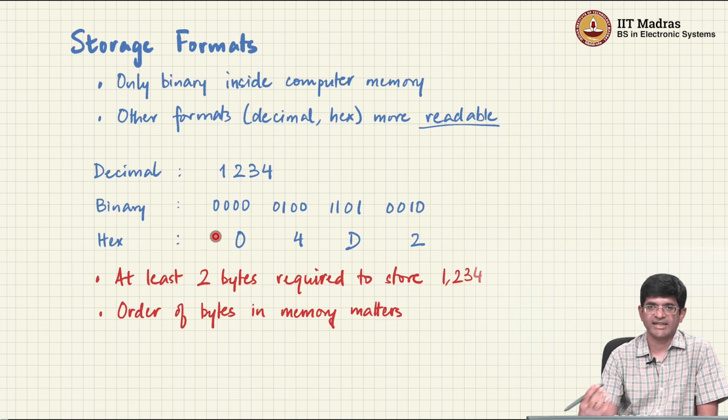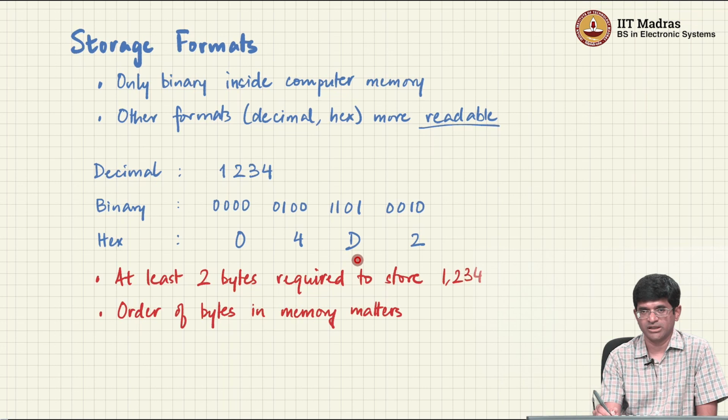Because there are 16 different hex digits from 0 up to f, which take all the possible 4-bit values from 0000 up to 1111, and it is literally a 1-to-1 mapping. 4 zeros corresponds to the hex digit 0, 0100 corresponds to the hex digit 4, 1101 corresponds to D, it is actually the number 13, which 1101 is 13, D is 13, and therefore 1101 will always map to the hex D, and 0010 is the hex value 2.